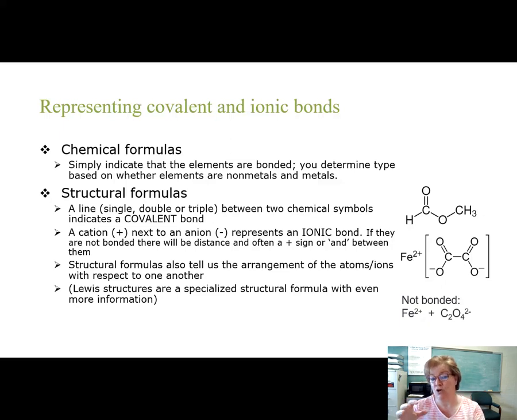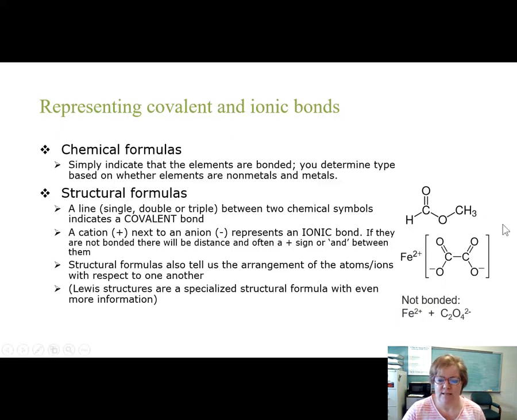And when I see those charges of opposite charge, I know positive and negative are attracted and they're going to be stuck together. So these structural formulas tell us more information, like the arrangement of the atoms with respect to one another. And as we continue on into these Lewis structures, we can get quite a bit of information about the bonding patterns in addition and the shape and things like that.